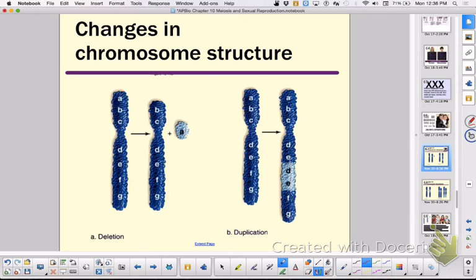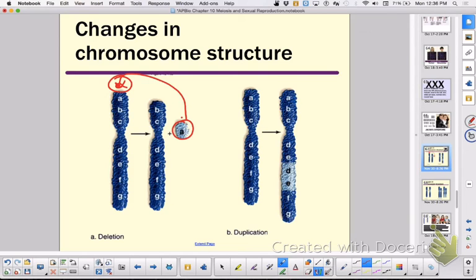A deletion. That does sound like a loss, right? So somehow during crossing over, you lost a chunk, in this case the A. And if that A gets added on to another chromosome, that would be called a duplication. So a deletion and a duplication.